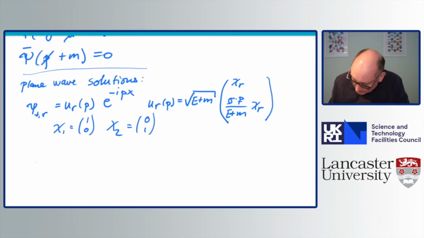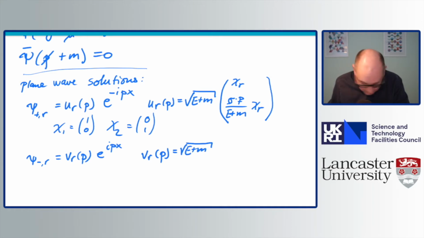We also found negative energy solutions of spin r, 1, 2, up, down, and wrote those as v r of p e to the plus i p x, not minus, where v r of p was again square root of e plus m, with sigma dot p divided by e plus m times phi r, and phi r.